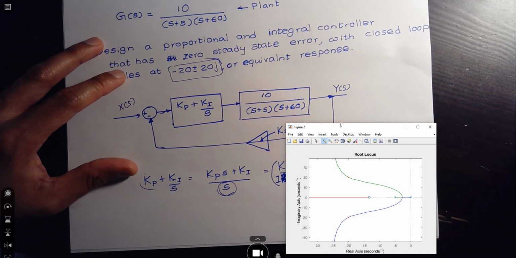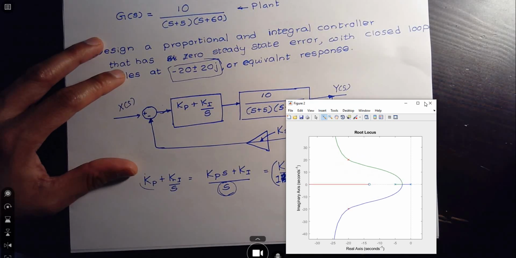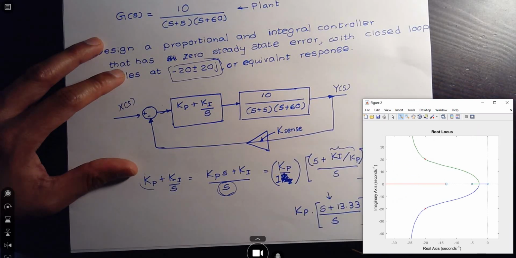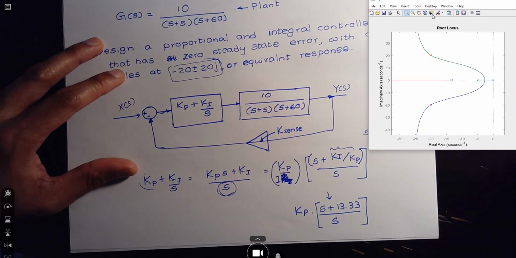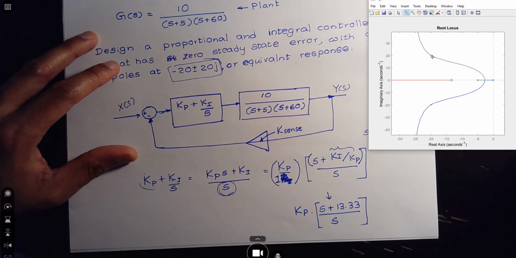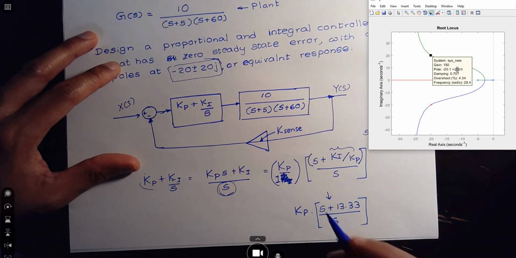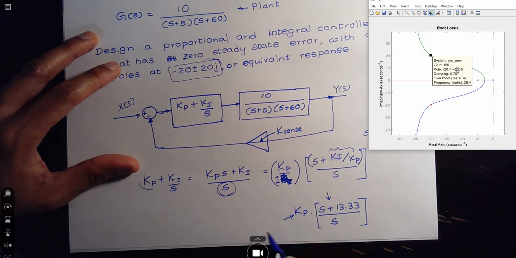If you go into this root locus and use a data tip to measure this value, you will see that the gain is 150. So in order for us to reach the desired location, our KP should be set to 150.